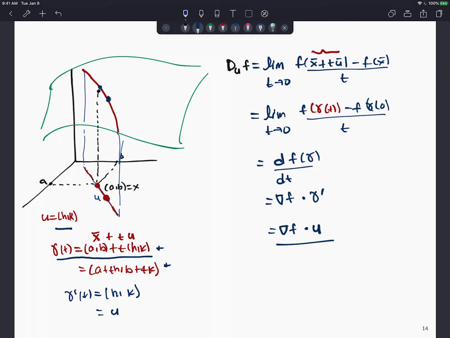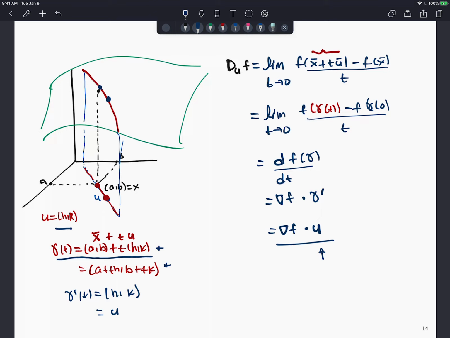So the directional derivative of a function f in the direction of u: all we need to do is find a unit vector in the direction of u, take the dot product of that unit vector with the gradient of f evaluated at the point, and that is the directional derivative. So it's a shortcut to find it. It's a very nice way. And in the special case where the direction u is one of the coordinate axes, it becomes the partial derivative.